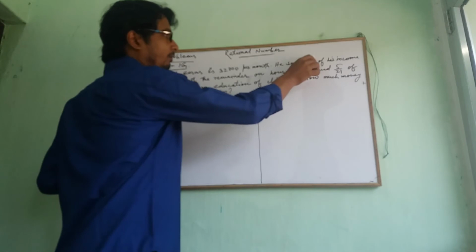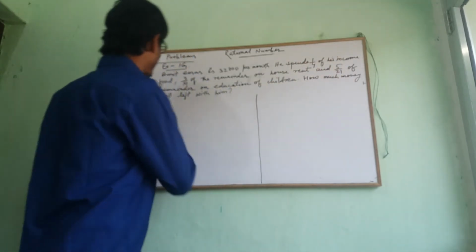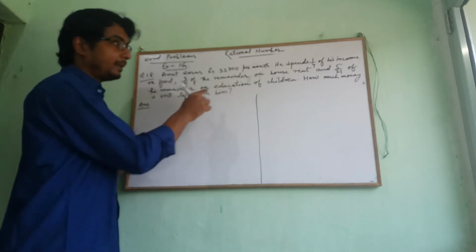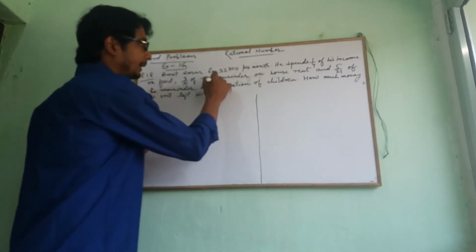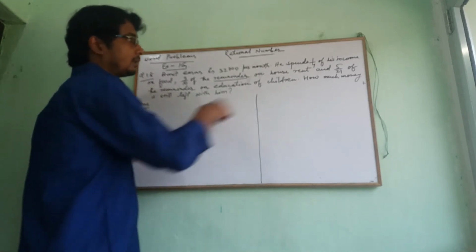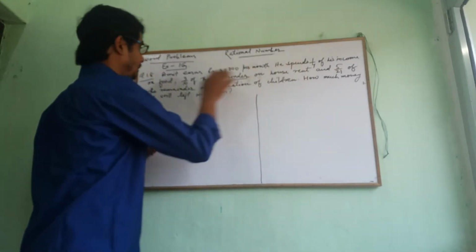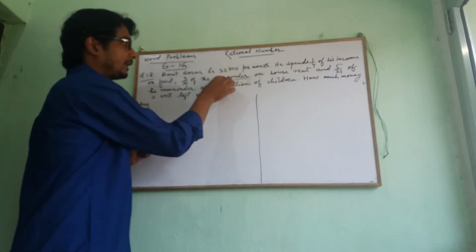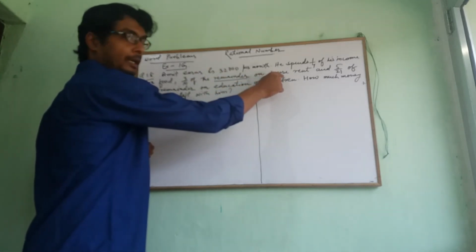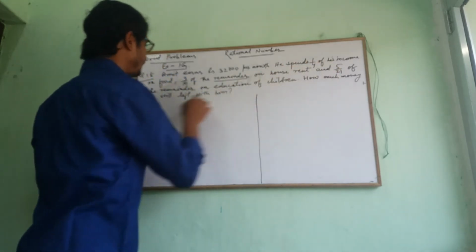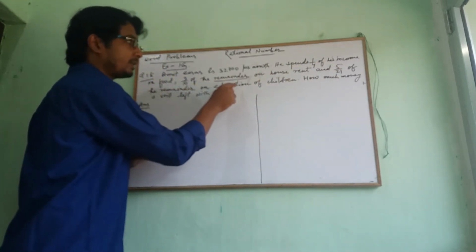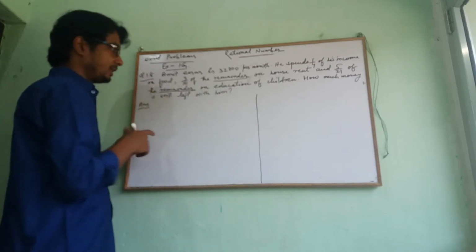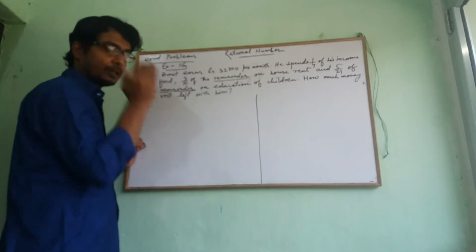He spends 1 by 4 of his income on food, 3 by 10 of the remainder on house rent, and 5 by 21 of the remainder on education. Remember, here the word is written remainder.